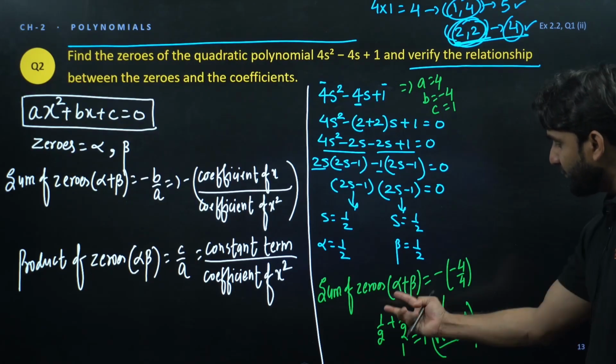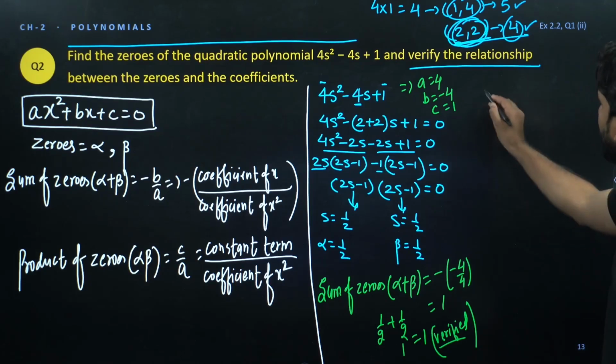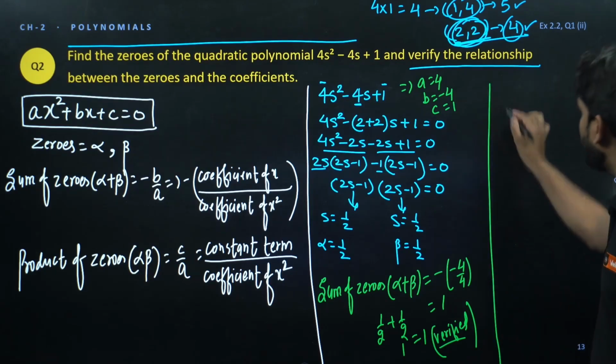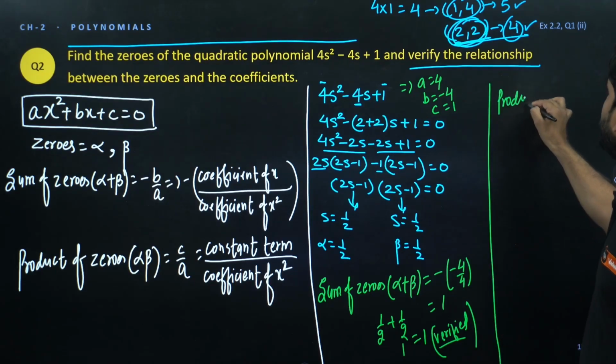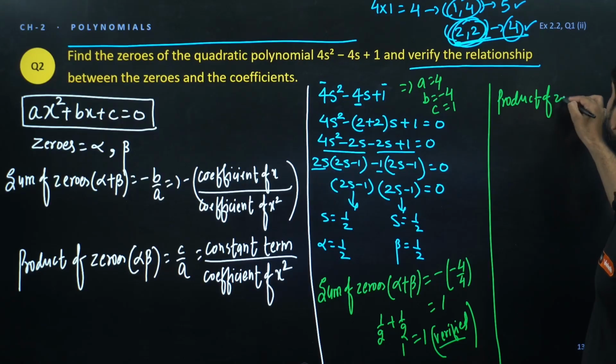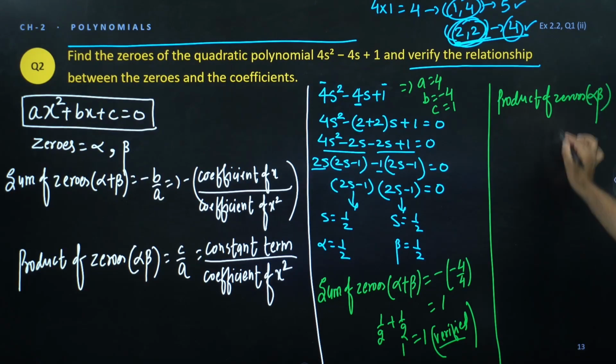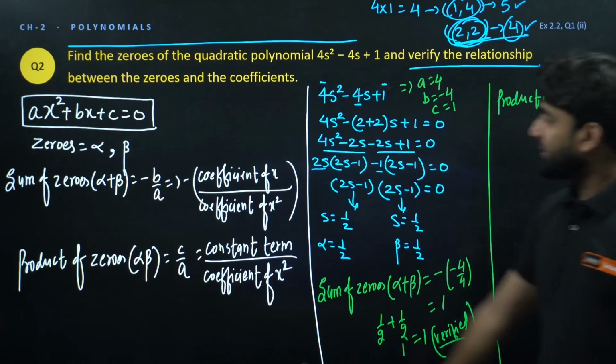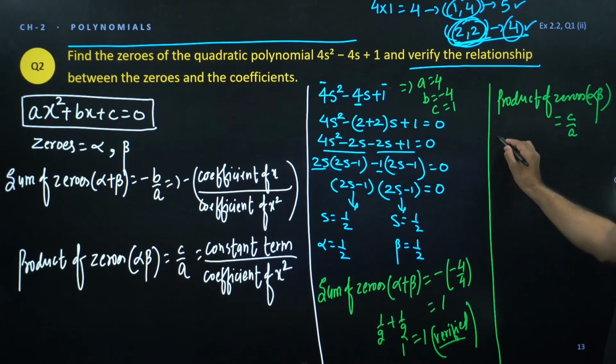The sum of zeros is equal to minus b by a. Now, product of zeros. What is the product of zeros, champion? Alpha into beta, which is equal to c by a. Alpha is half, beta is half.